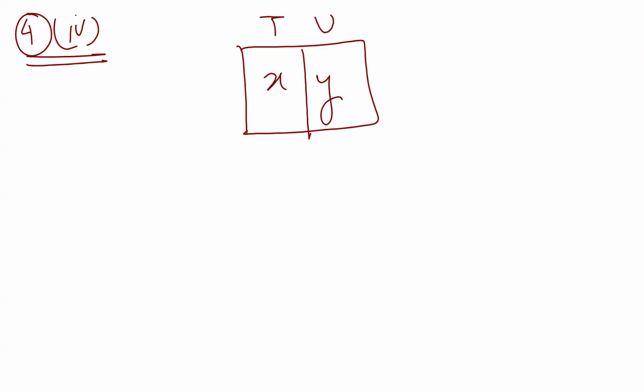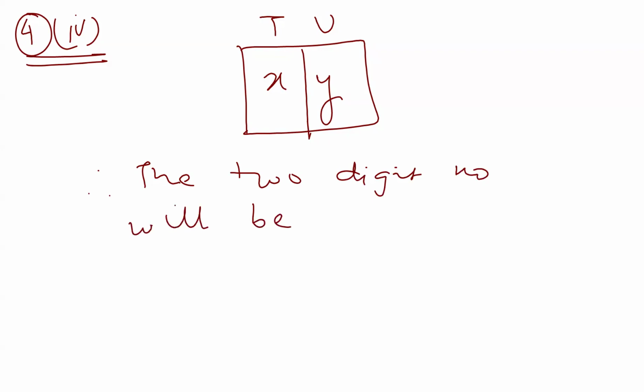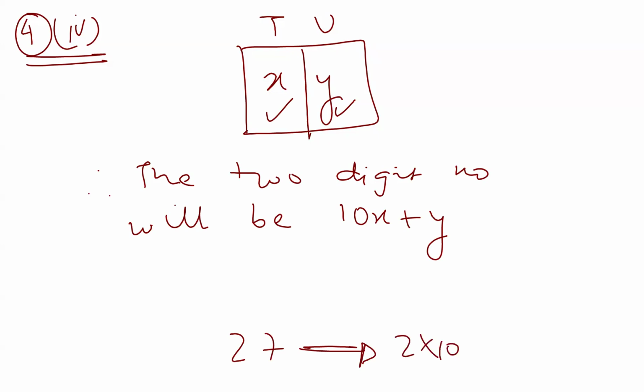Therefore the two-digit number will be 10x plus y. Now this is very important. The individual digits are x and y, but the two-digit number will be 10x plus y. For example, 27 is a two-digit number.